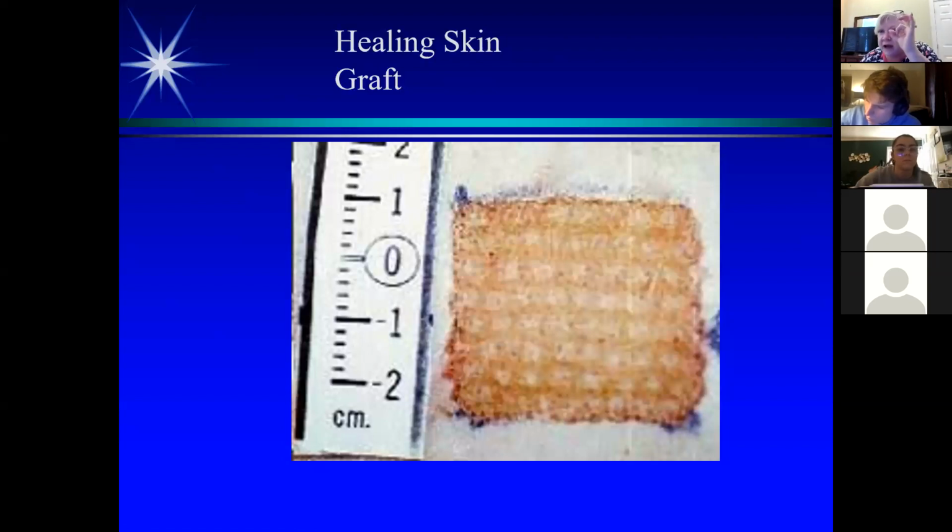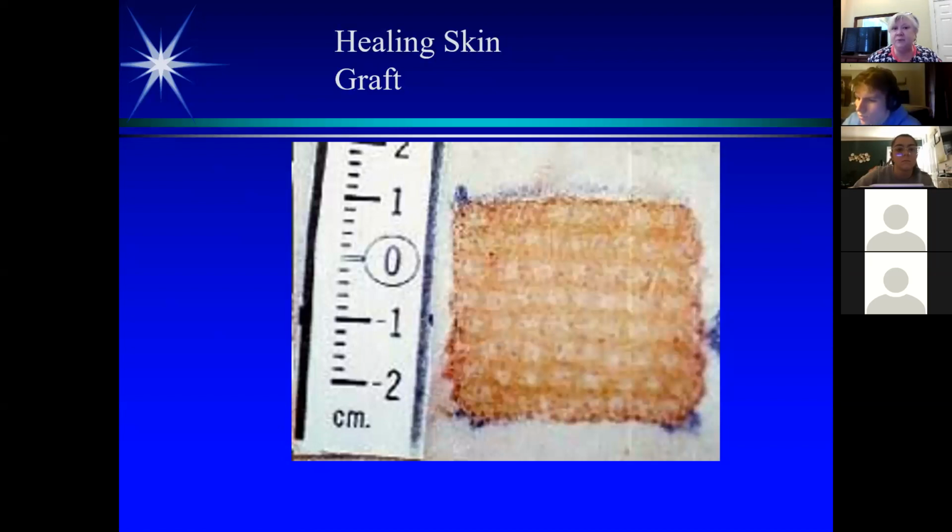They take this little tiny piece of skin, run it through, and make all these little holes in it, and they're able to triple or quadruple the size of that piece of skin. Then when they put it on, it has all these little holes in it. But they're able to take less skin from the donor site and stretch it out to cover more of the burned area. And so it works well.